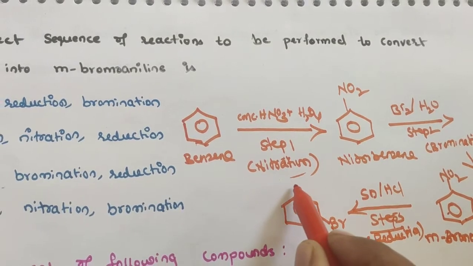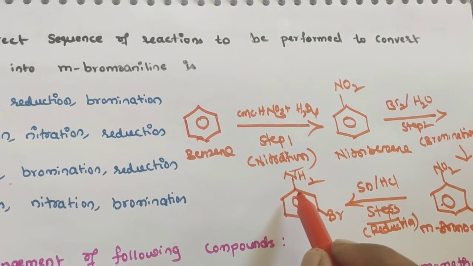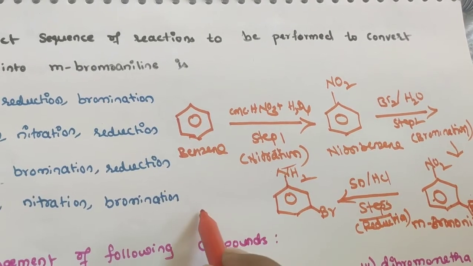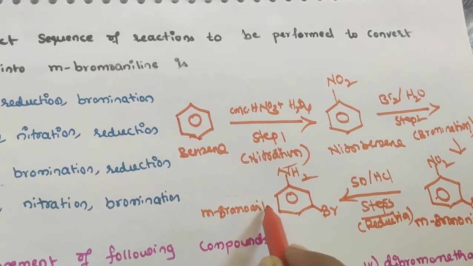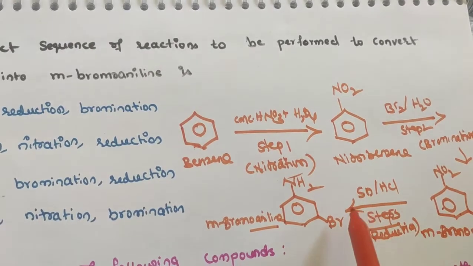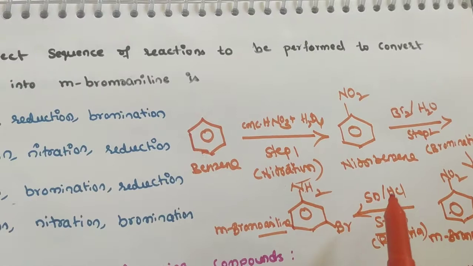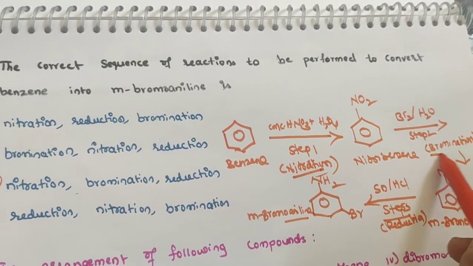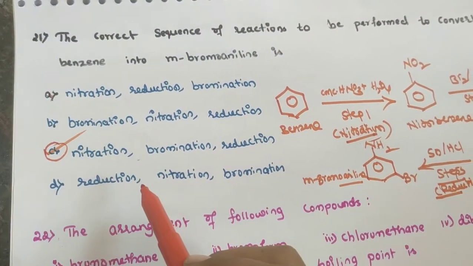After reduction, NO2 becomes NH2, and this product is known as metabromoaniline. Reduction is nothing but the removal of oxygen or the adding of hydrogen. So the first step is nitration, then bromination, and the last is reduction. The answer is C.